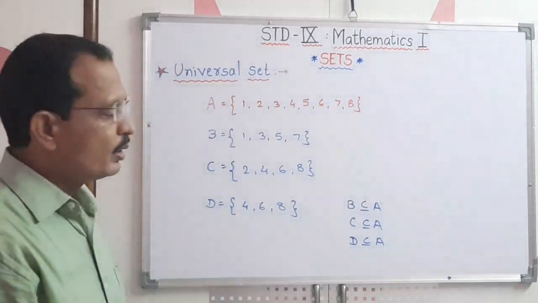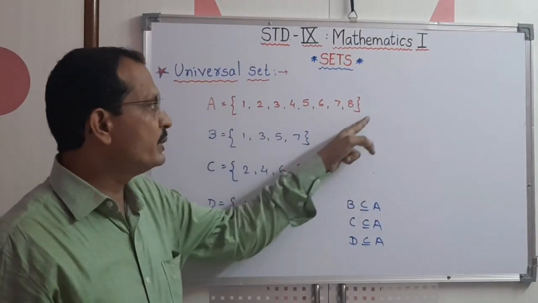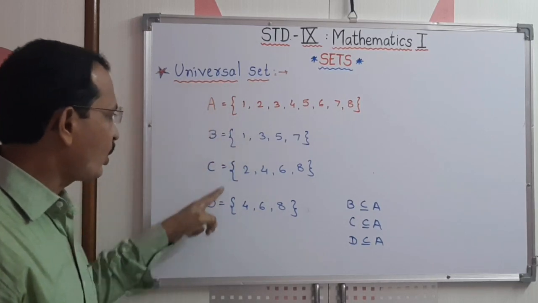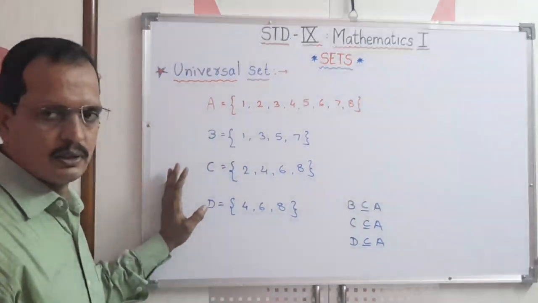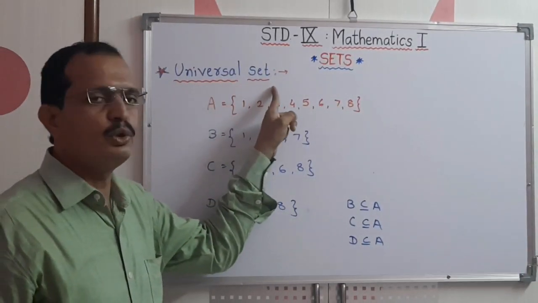Now among these four sets, A is the bigger set, and in consideration of all these three sets, this set A is called a universal set.